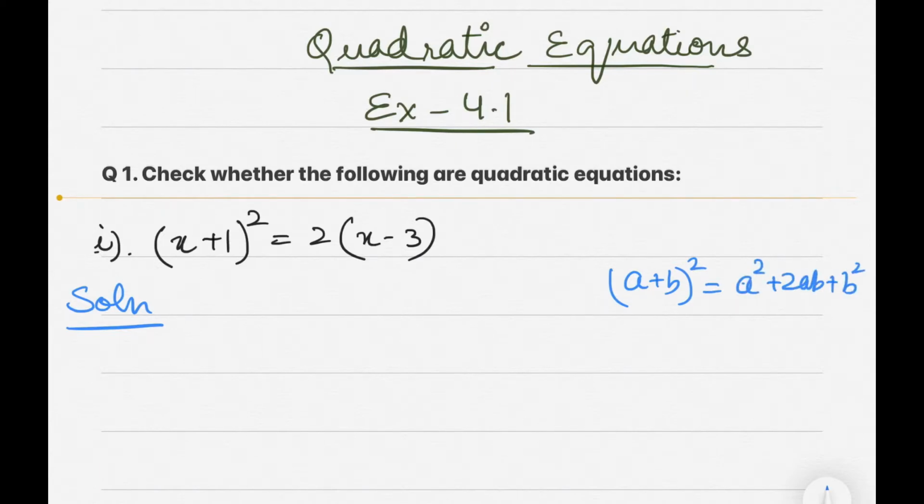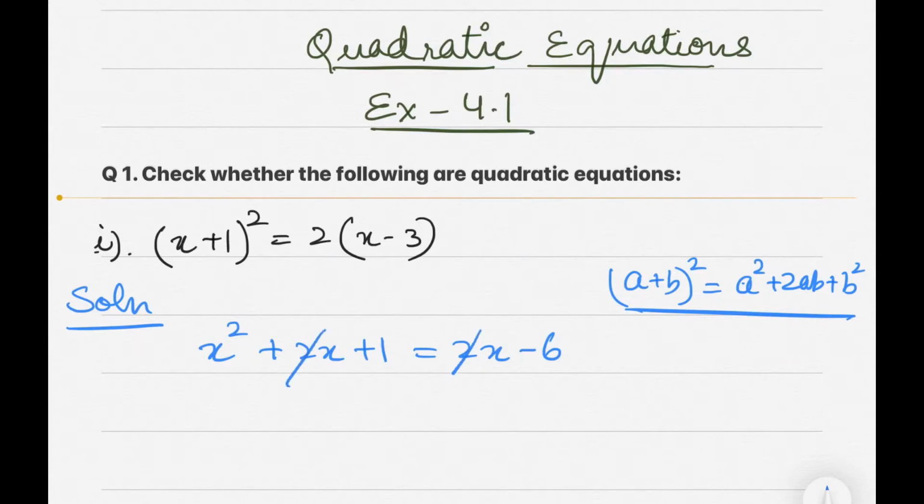So I can say x square plus 2x plus 1 on the left hand side, and I have 2x minus 6 on the right hand side after using this identity.